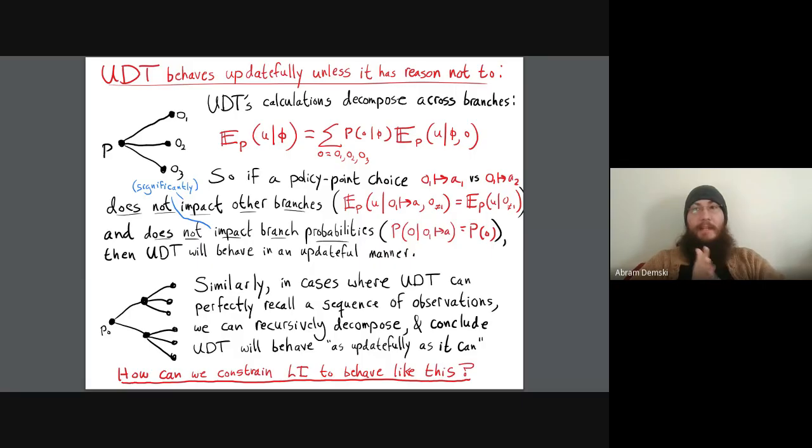In counterfactual mugging, if Omega asks us for $10, then the causal impact of giving up that $10 would be just losing $10, right?